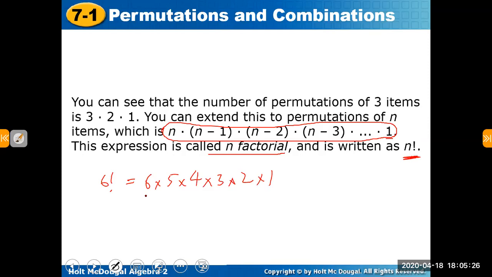So whatever number we have in the factorial, multiply all the natural numbers that are lower than it. Then n, n minus 1, n minus 2, n minus 3, and so on up till 1. So this is known as n factorial.